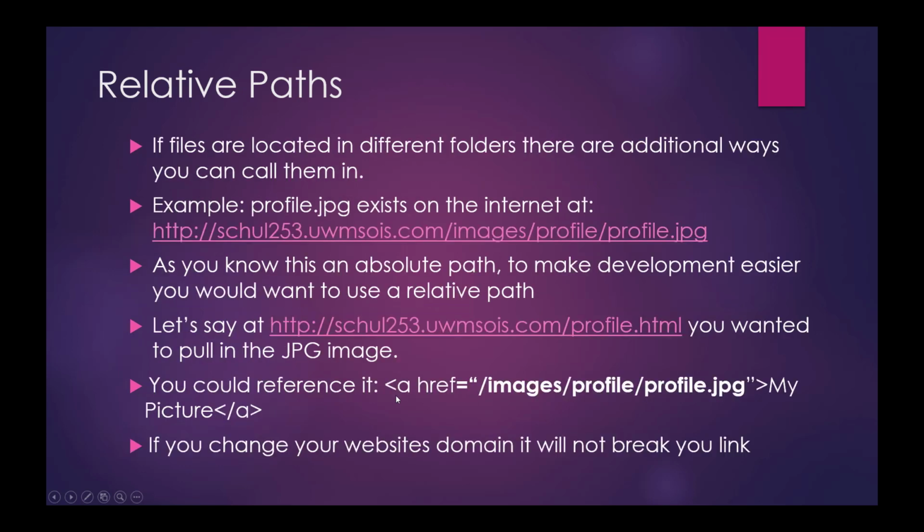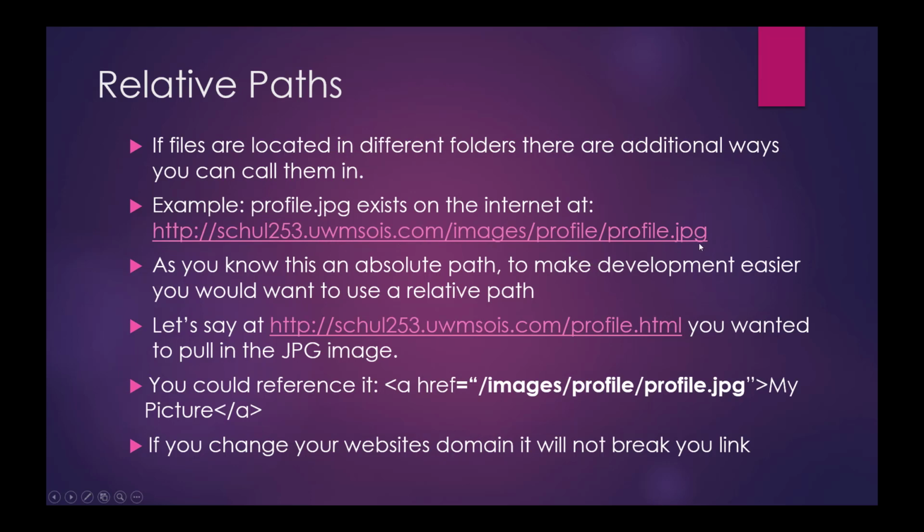So again, if files are located in different folders, there are ways you can call them in while still using relative links, because in general, relative links are cleaner and better practice. Here's an example of an absolute link: shul253.uwmso.com/images/profile/profile.jpg.